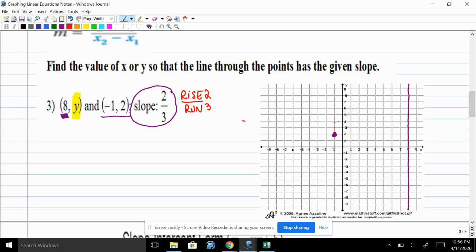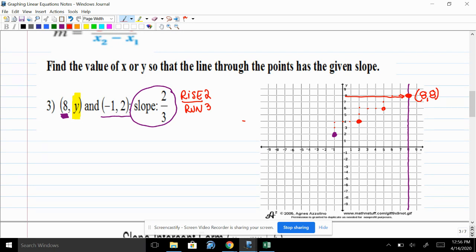So 1, 2, 1, 2, 3. That's obviously not it. 1, 2, 1, 2, 3. Not yet. 1, 2, 1, 2, 3. There it is. So 8, comma, looks like 8. My point is 8, comma, 8. So that's how you can do it graphically.